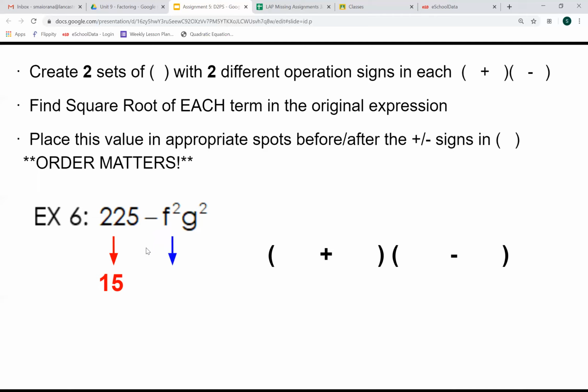The square root of f squared g squared, even though there are two variables, we treat it one at a time. The square root of f squared is f, and the square root of g squared is g. So I just get fg. Again, make sure you put them consistently in order. So 15 goes first in both sets of parentheses, and fg goes second. So 15 plus fg and 15 minus fg are your two factors that make up the factored form.